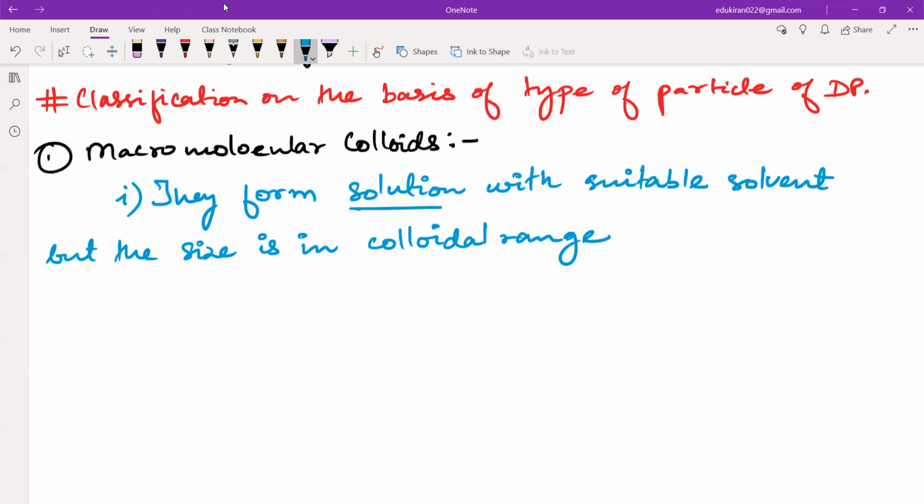Even though they are forming solution, these are known as macromolecular colloids, only due to the size.